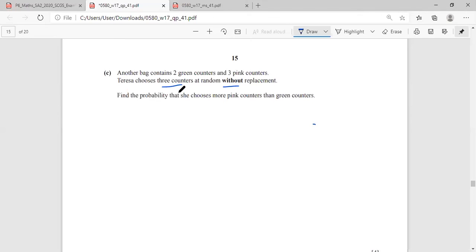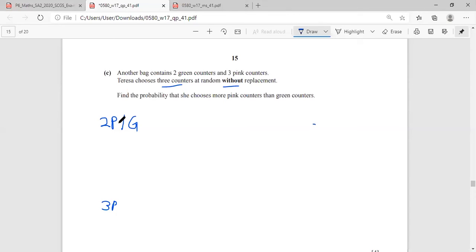Find the probability that she chooses more pink counters than green counters. More pink counters, you only have 3 counters. So it can be 2 pink and 1 green, or all are pink, 3 pink and 0 green. So it also means more pink than green, right?